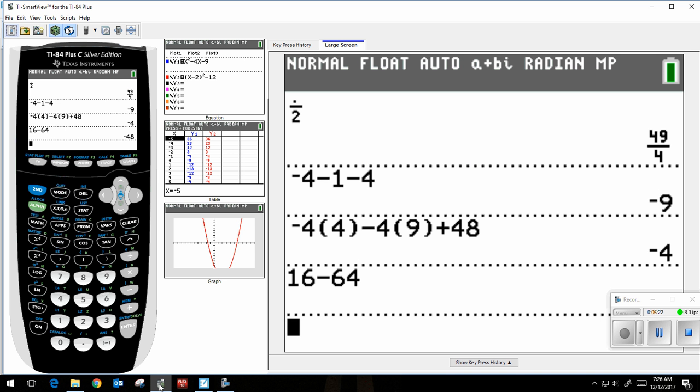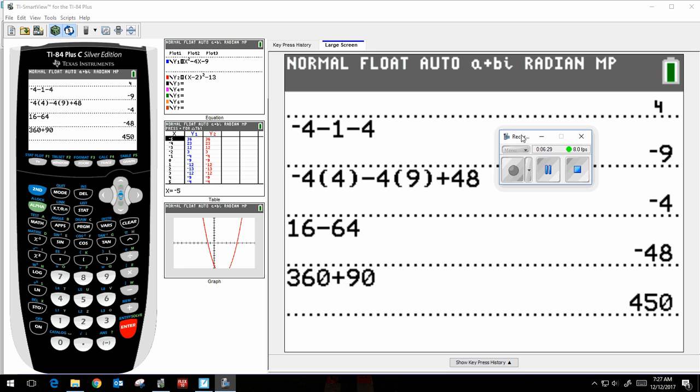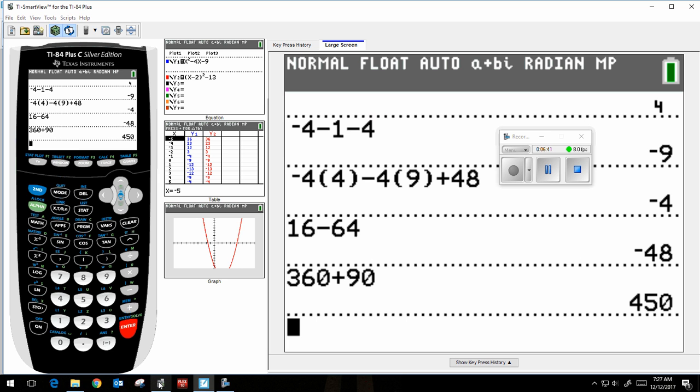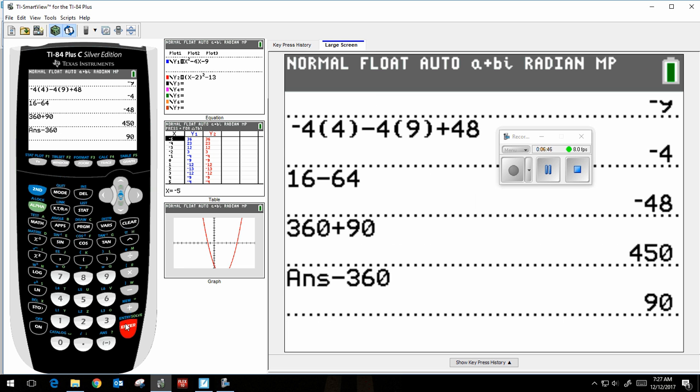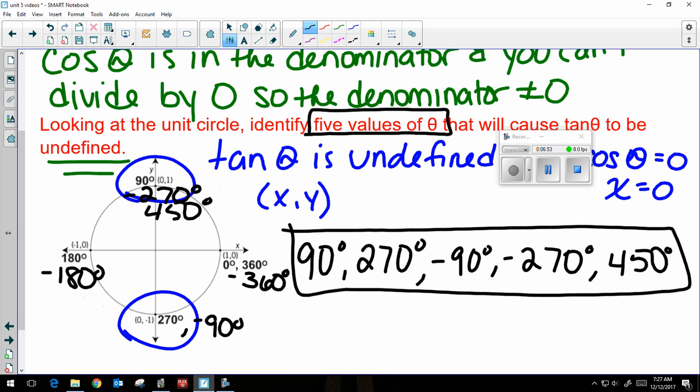So 360 plus 90 will give me 450, because up here is 450 degrees. 450 degrees is coterminal with 90. I can check that by subtracting 360, and I get 90. That's how I know that they are coterminal angles. And you can keep going. But they wanted 5, so here are 5 angles where tangent theta is undefined.